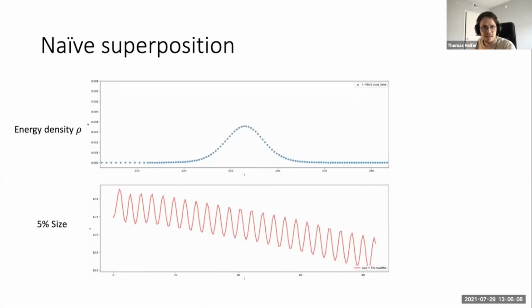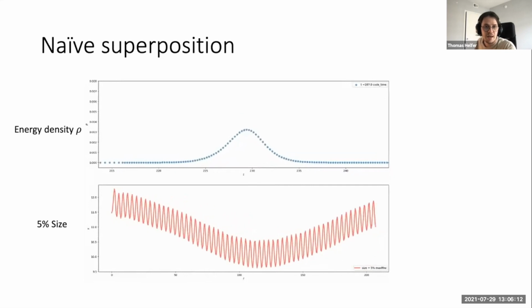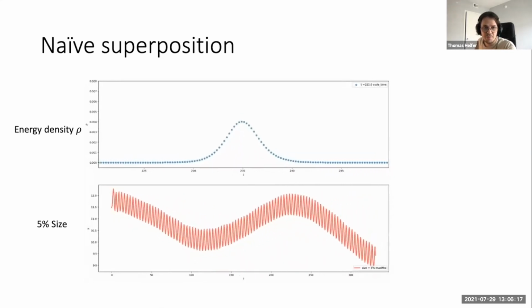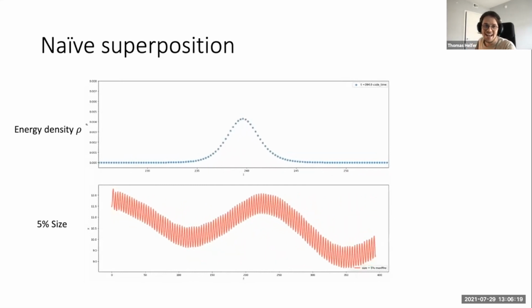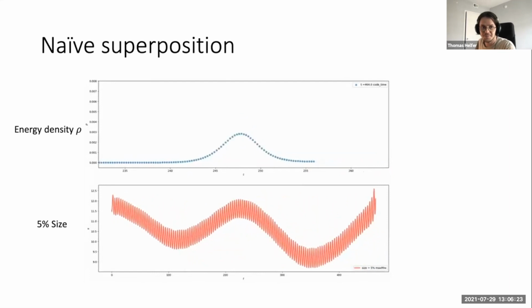You can see the very high frequency oscillation, but also a longer wavelength oscillation. The question for us, which caused some very sleepless nights, was: is this physical? After many stressful days, we found it's actually not.